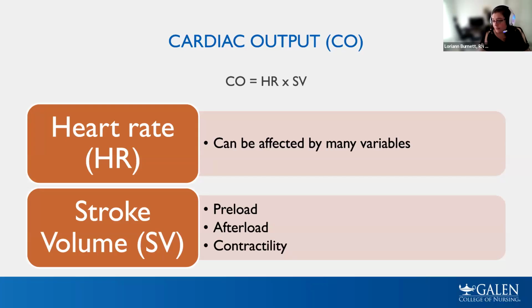For stroke volume, there's a little bit more the body can do versus just make it faster or slower. Preload and afterload are going to be based off our renin-angiotensin system. So are we going to contract the blood vessels? Are we going to vasodilate? Are we going to hold on to water? We have our vasopressins, all those hormones we talk about.